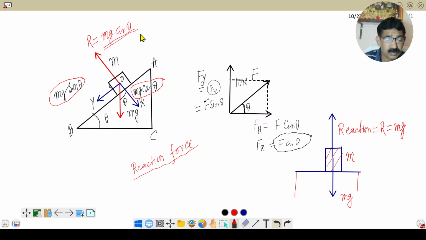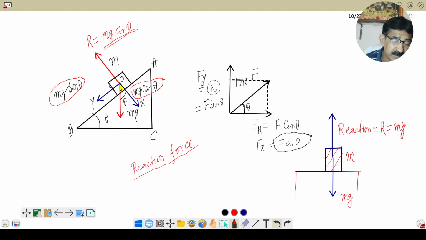So this body is acted upon by, in this case, three forces. When this force is resolved into two parts, this force cancels and the blue arrows come into play. So these are two forces due to the weight.